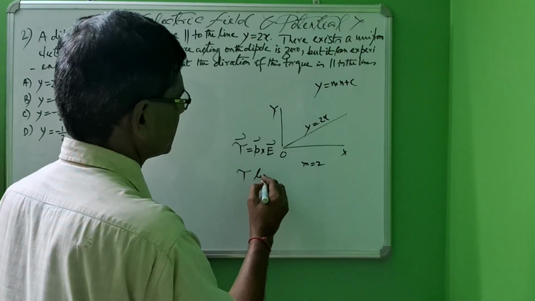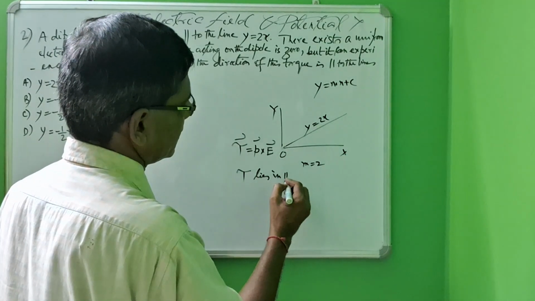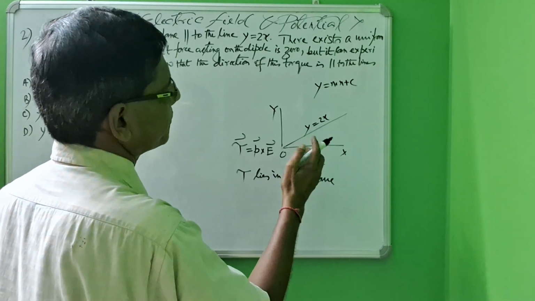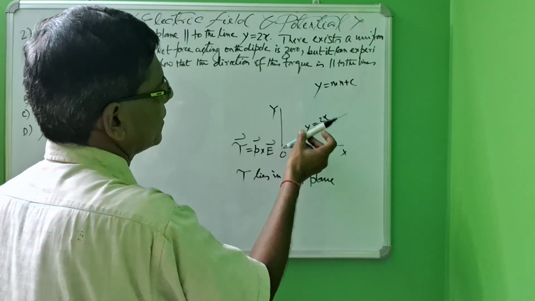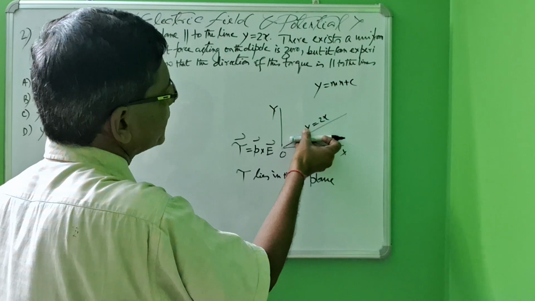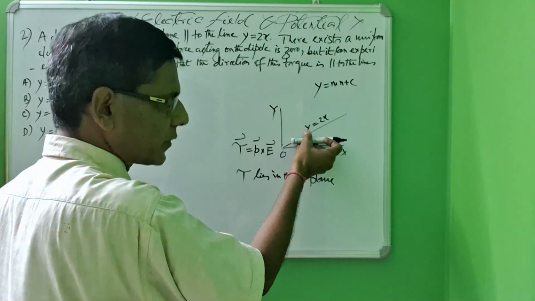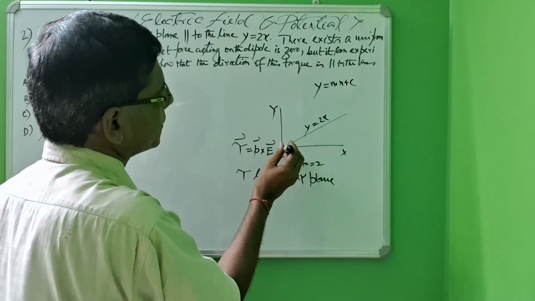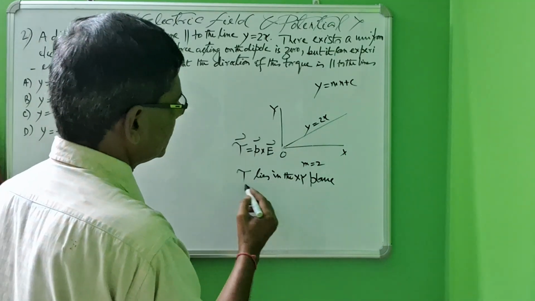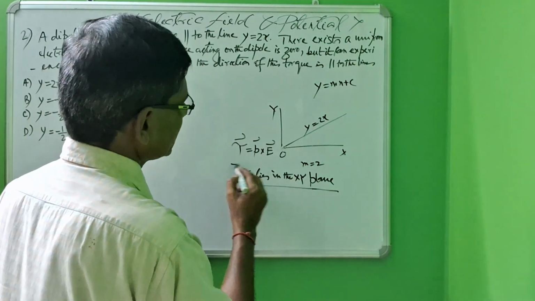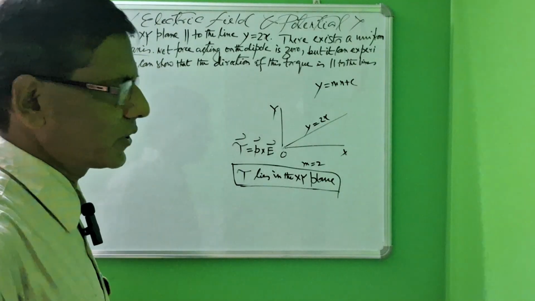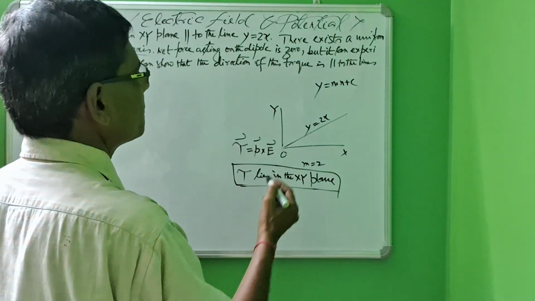Suppose there is a P in the xy plane, then the torque will be perpendicular to P, and also perpendicular to E. So we decide that tau lies in the xy plane.